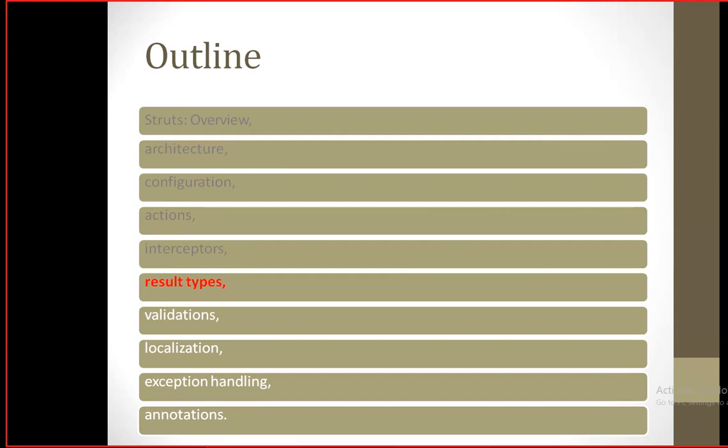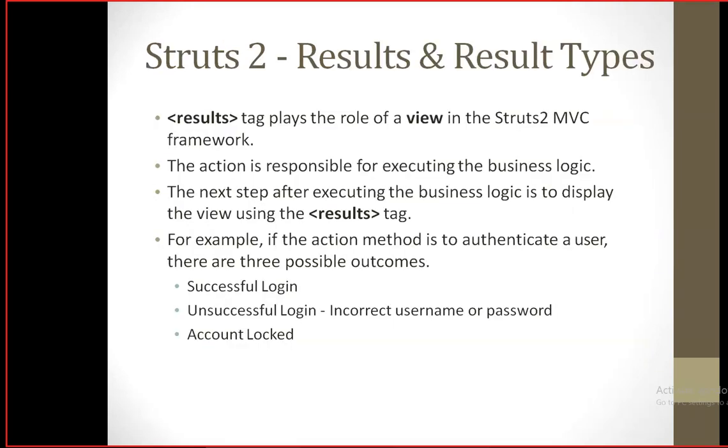Okay. What about the result types? I told you that there are three to four result types. Firstly, let us discuss the tag which is placed inside the struts.xml file. I told you that result is the tag which is used to define every type of result. So generally, if you talk about any web application, let us talk about the login user use case. In that case, we have three possible outcomes.